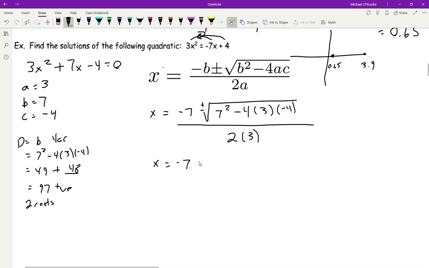So if we do the math of this, we're actually going to get the same as our discriminant number here, which was 97, divided by 6. Now here's a question to everyone. What do I do at this point? What do I do to my answer, or my calculation?